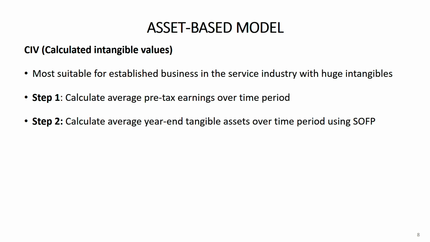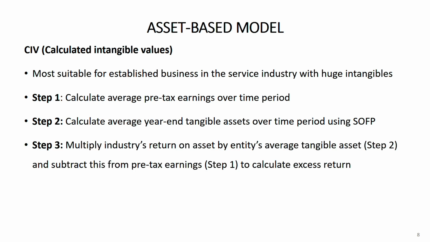So that addition we are finding from intangibles. So that's why we have to find the average of tangible assets over the time period using the financial position. Here also the same thing. You will be given the values of tangible assets for, let's say, 3 years. Add all the tangible assets and divide by 3.